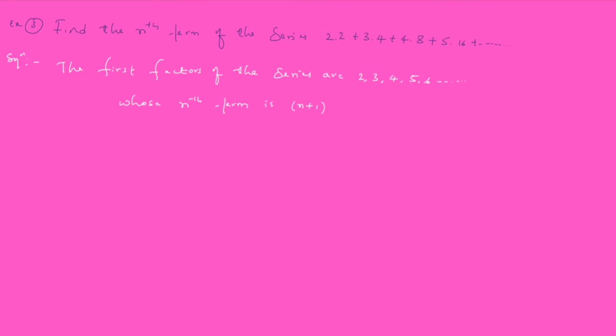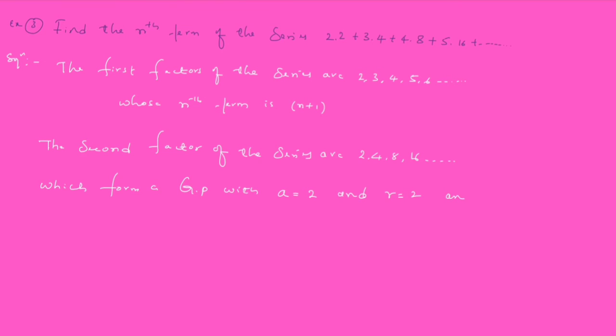And the second factors of the series are 2, 4, 8, 16, and so on, which form a GP with a equals 2 and r equals 2, and whose nth term is a into r to the power n minus 1, right?